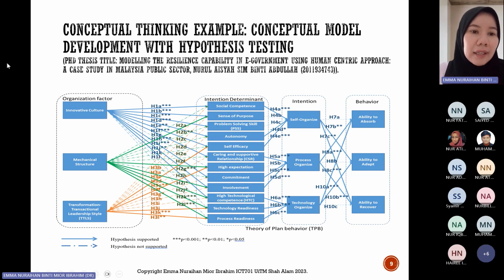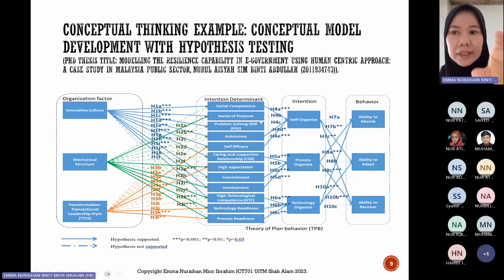So dalam konsep formation dia, organizational factor ni di-influence oleh innovative culture, mechanical structure, transformation, transactional leadership style. So ini datang daripada mana, suka-suka hati dia ke tak? Dia datang daripada readings, other theoretical framework, that people talk about resilience capability. So intention determinant, that intention determinant some of the variables that she wants to look into.